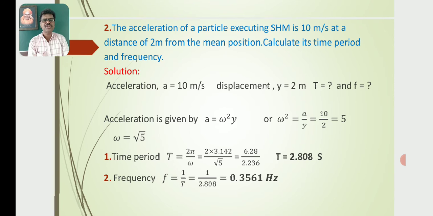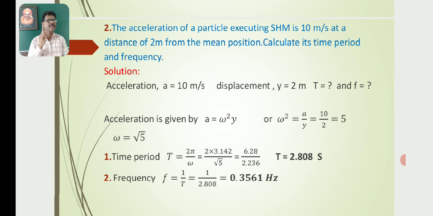Acceleration is given by a is equal to omega square y. Then omega square is equal to a by y, which is equal to 10 by 2, which is 5. Then omega is equal to root 5, the angular frequency. Now find the value of the time period.